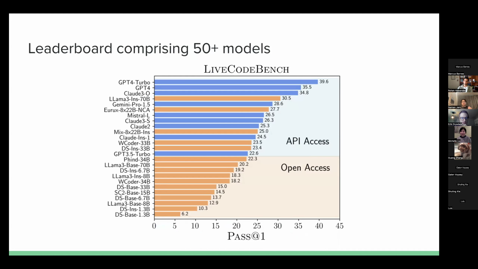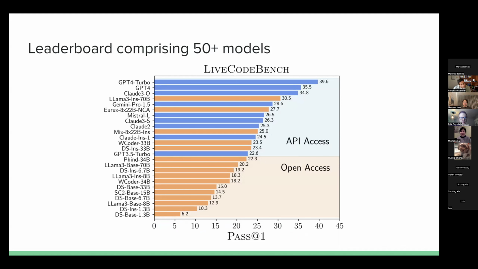Currently, we have a leaderboard which comprises 50-plus models. And I think this particular plot paints a very nice picture. We released the first version of the benchmark back in March, and back then the open source models were not very strong.